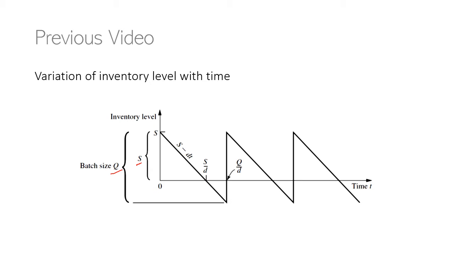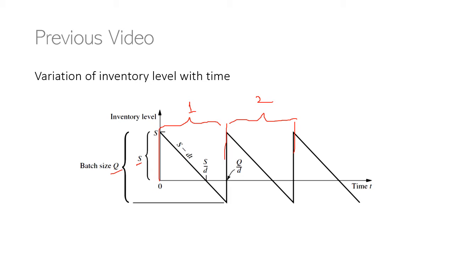In this graph, each vertical line represents replenishment, and the time interval between any two subsequent replenishments is known as a cycle. So this is the first cycle of replenishment. Similarly, this is the second cycle of replenishment, and so on.